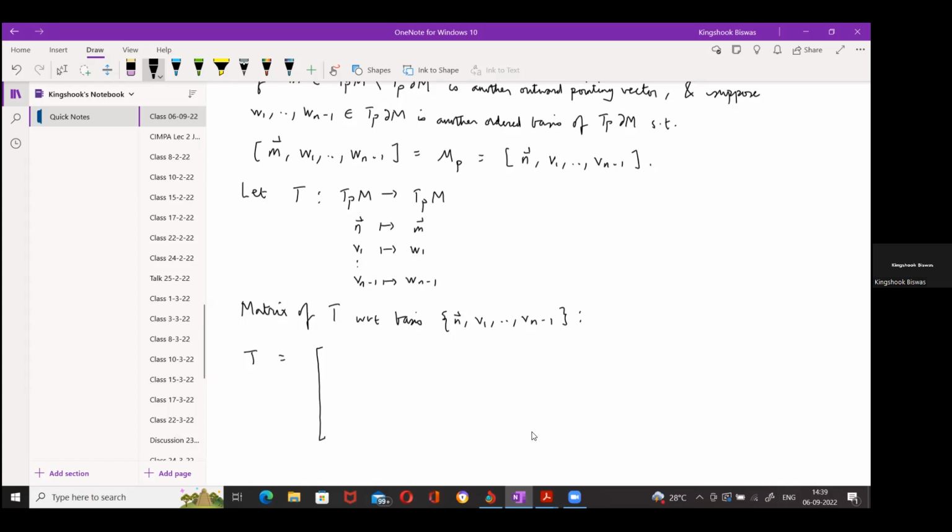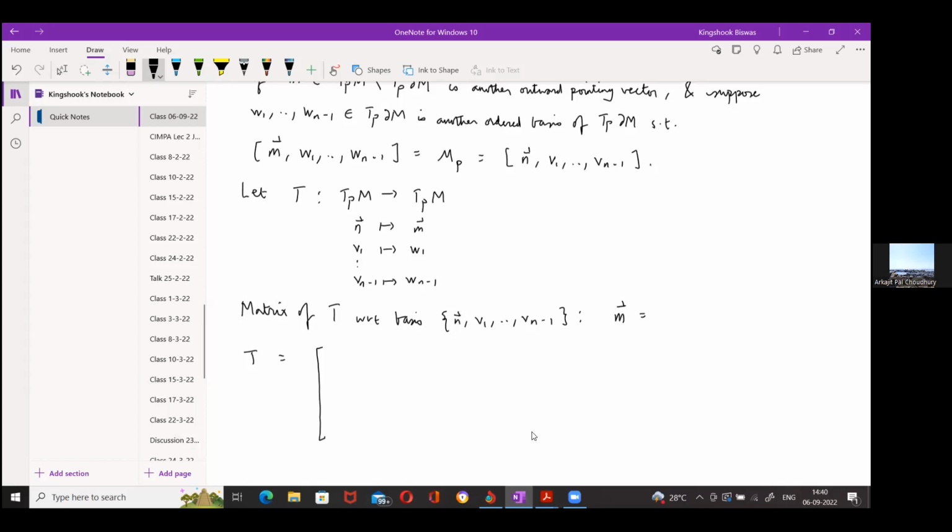But note that m is also an outward pointing vector. So it's going to be a linear combination of the vi's, that is a vector tangent to boundary M, plus it has to be a positive multiple of n, because m is also outward pointing.